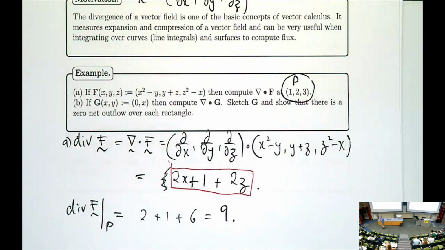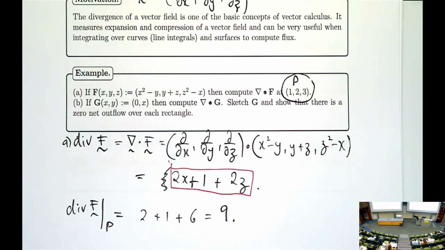Part B is much more interesting though, because it tells you a little bit about what the divergence calculates. Before we get on to that, questions? If you can do a dot product, it's pretty easy, right? And if you can differentiate, it's pretty easy.